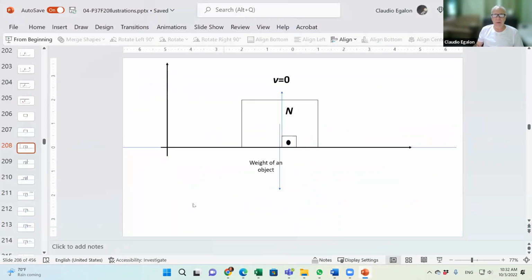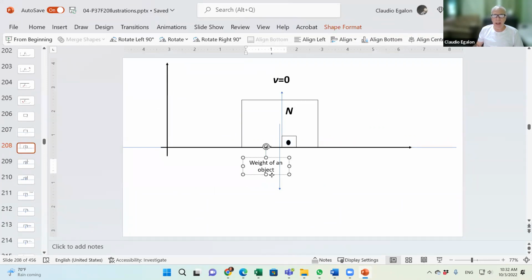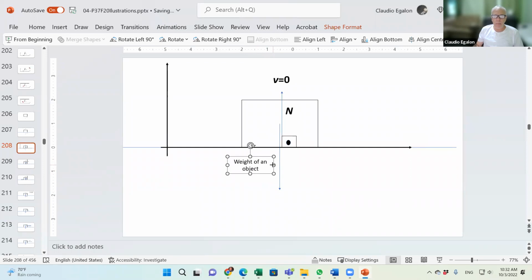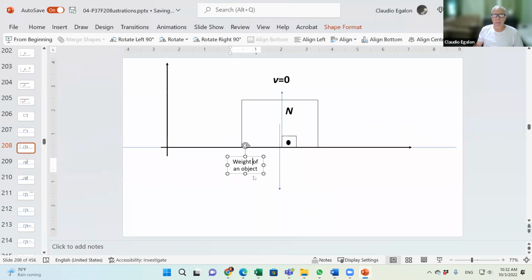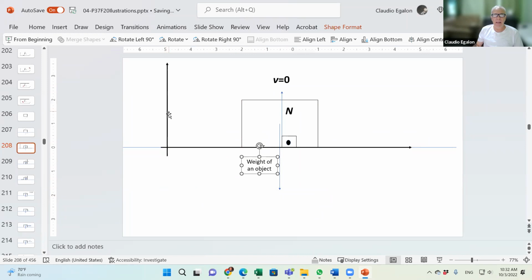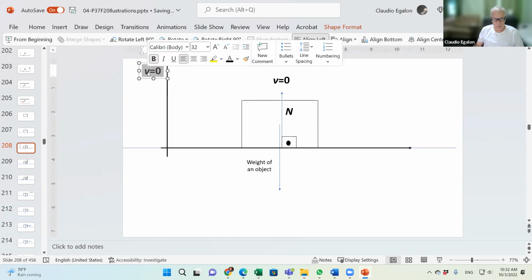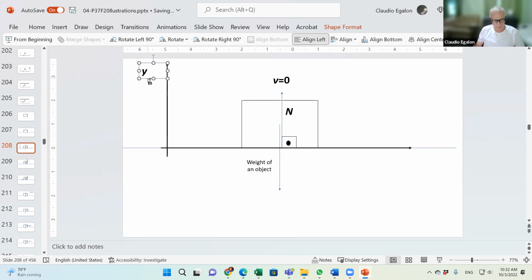Here's the y-axis. The unit y is upwards. The weight is downwards. The weight always points towards the center of the Earth. Consequently, the weight is going to have a negative sign when you write that in terms of the y hat. And x-axis here.